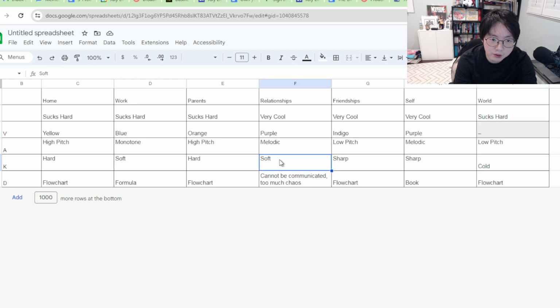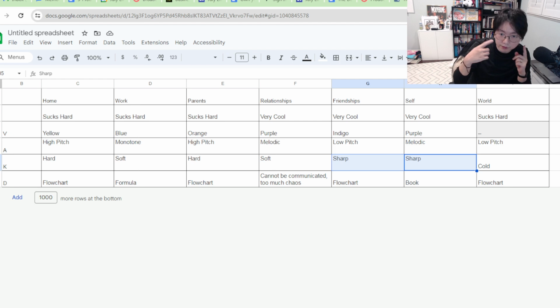And now what stands out to me here is that this seems to indicate why friends and self are both cool. They're seen as sharp, and now relationship can be seen as soft. Sharp things usually are not associated with cool things. But for this person, kinesthetically, the notion of self and friendship are registering as hard.